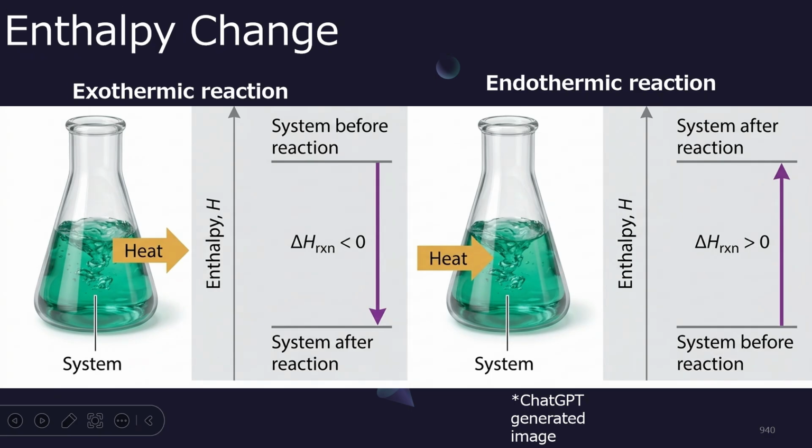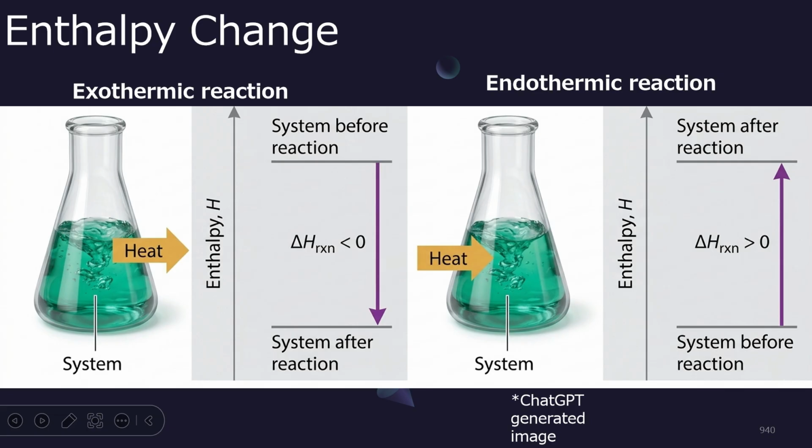So our system loses energy and heat goes into the surroundings, the environment. That could be the glass walls of the container, the solvent if this is being done in aqueous solution, the atmosphere, or the table it's on, or whatever else.